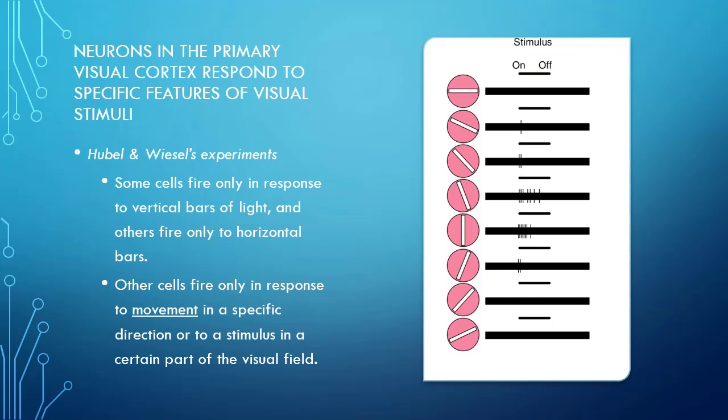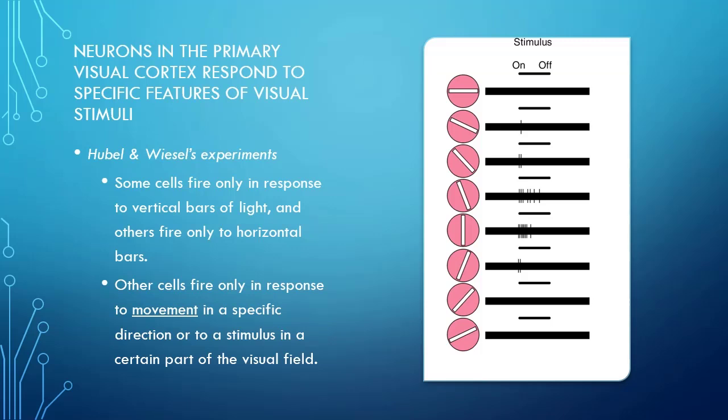So when that slide hits the center of where that anesthetized cat's eye was facing, then that line was the right orientation and the right place in the visual field to get that neuron to fire a bunch of action potentials. And when they move it across, you see it fire fewer and fewer at the beginning and at the end because they get outside of that range.